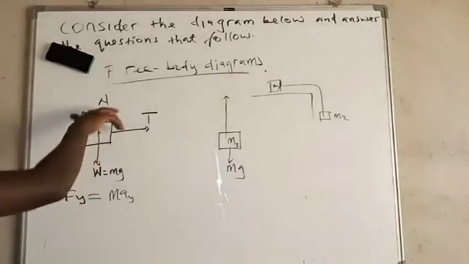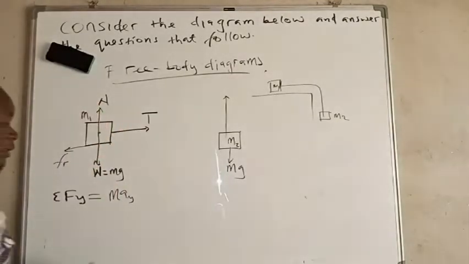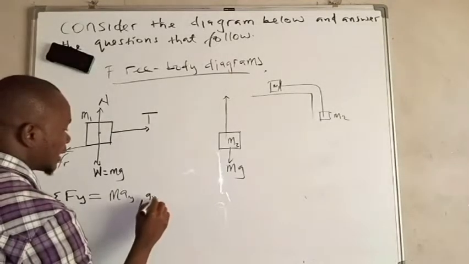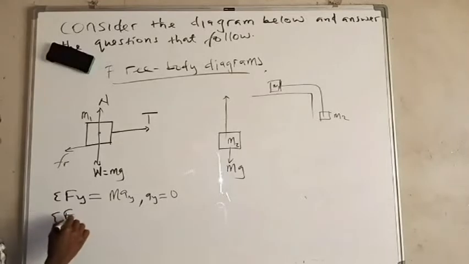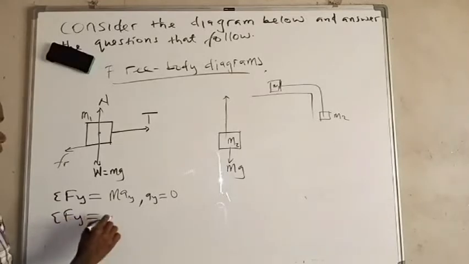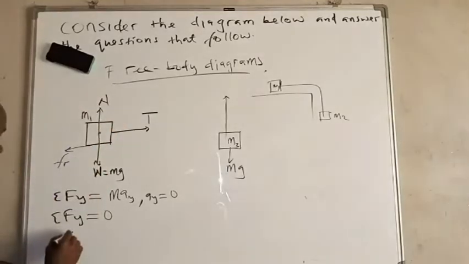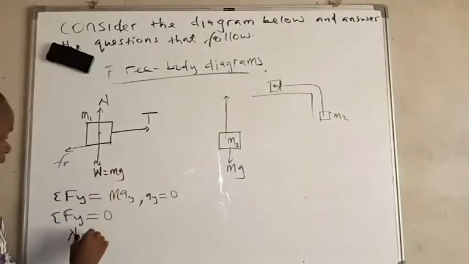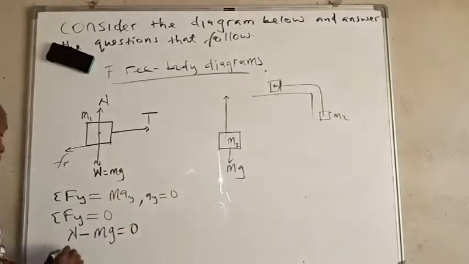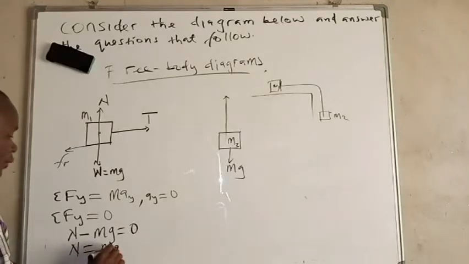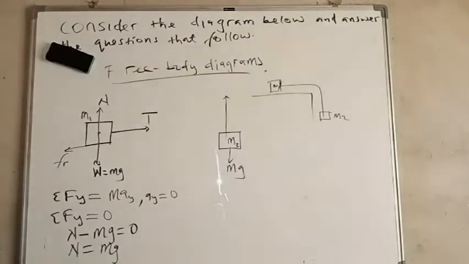Since we do not have any movement in this direction, the acceleration in the y direction is equal to 0. So the summation of forces in y is going to give us 0. In y here we have N, then minus mg, which is pointing downwards. This must give us 0, and mg goes to the other side when it crosses the equal sign, so N equals mg.